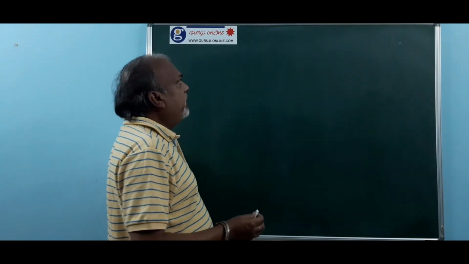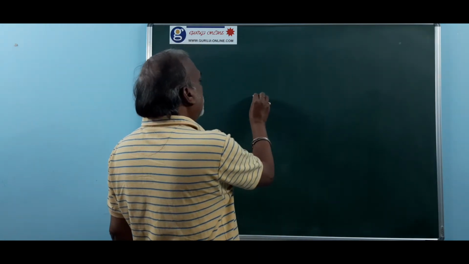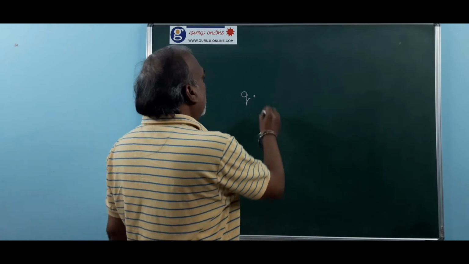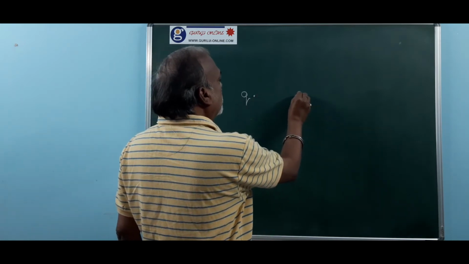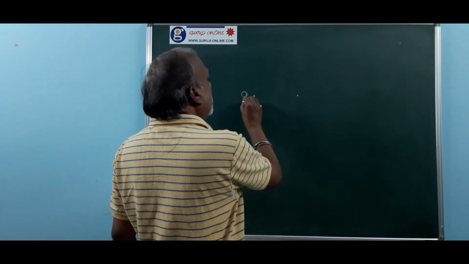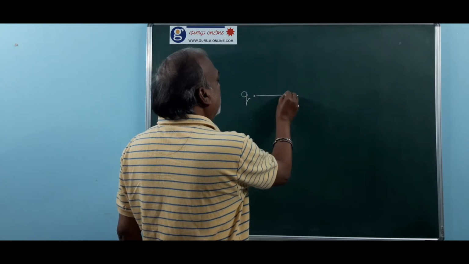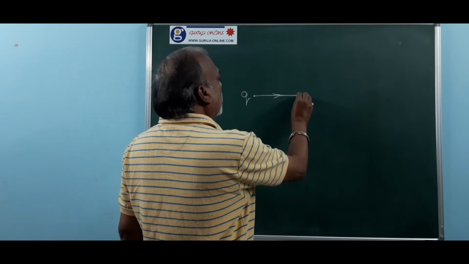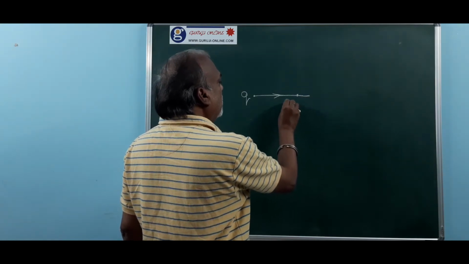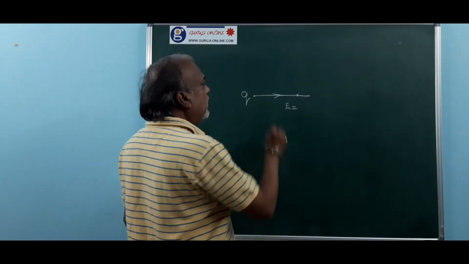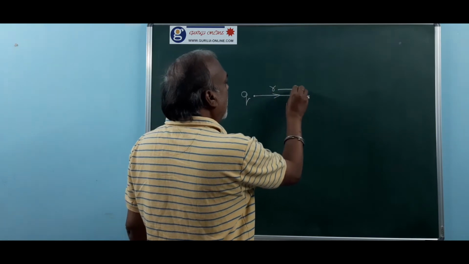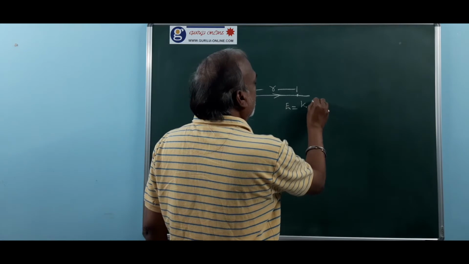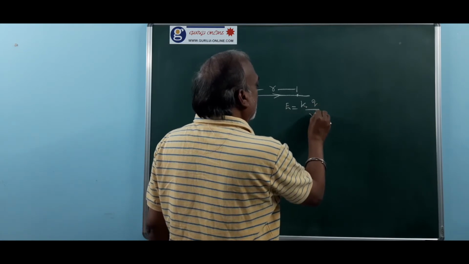In our previous lecture we have seen, suppose you have a charge here, then electric field, suppose you want to find out at this point, this is a positive charge, this will have electric field like this, and what will be the value of electric field here? Suppose this is the distance r, then it is kq upon r square.